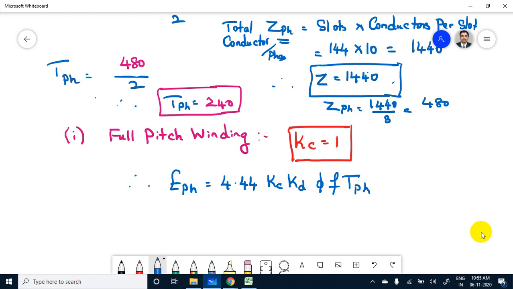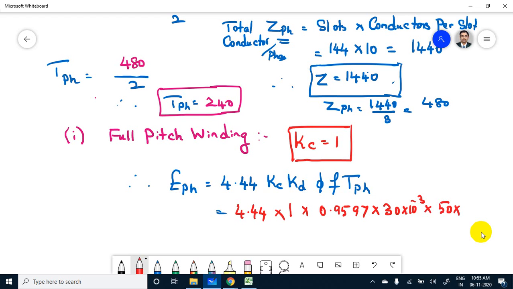Now substitute all the values. 4.44 into Kc, in full pitch winding the Kc value is 1, into Kd, 0.9597, into flux value 30 milliweber, 30 into 10 power minus 3, into frequency 50 hertz.